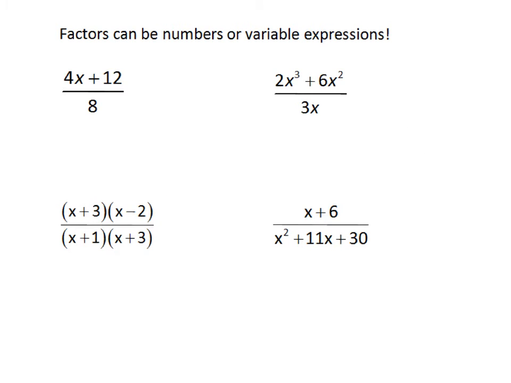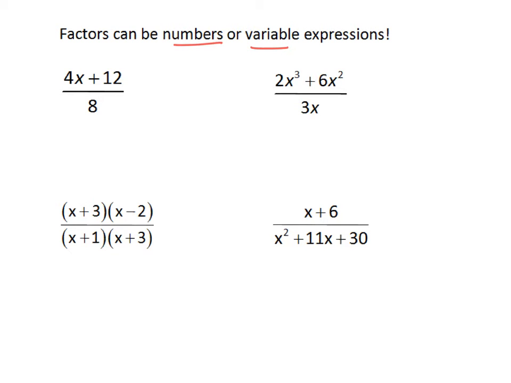So remember, the factors that we are going to cancel out, again, to use that term, but really what it means is to make a 1, can be both numbers or variables, or both.